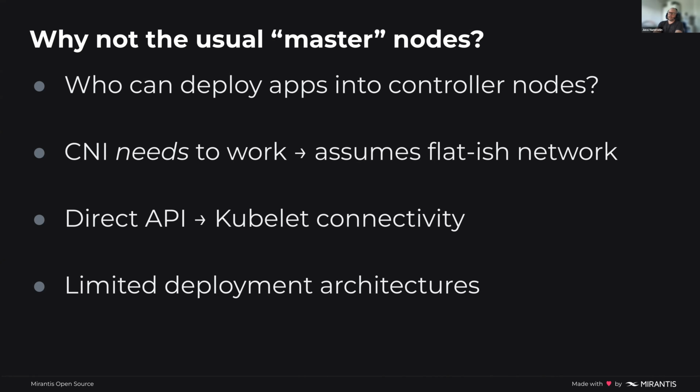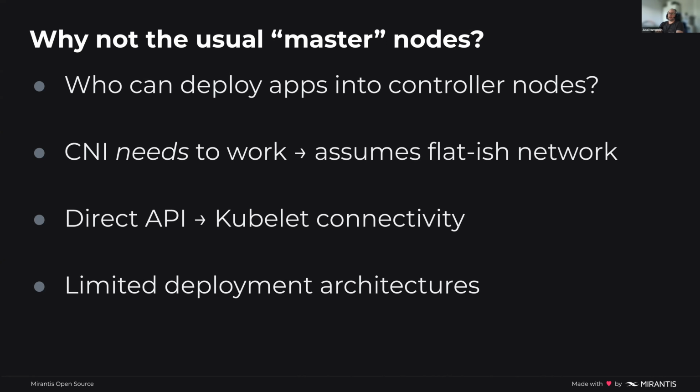And also the fact that the CNI needs to work from node to node, so it assumes that the network is flat-ish, at least. Of course, you can do a lot of fancy things with BGP and whatnot, but then again, you always have to do that work for the network configuration.